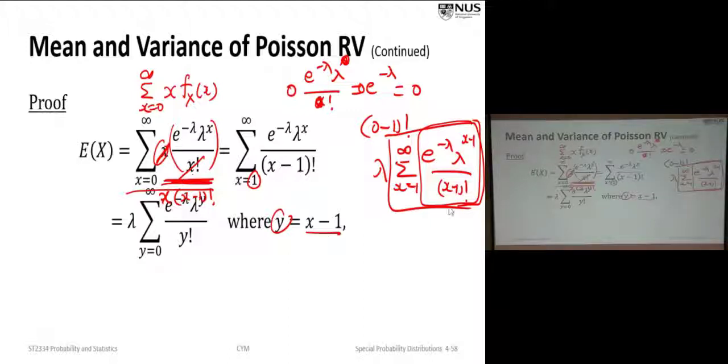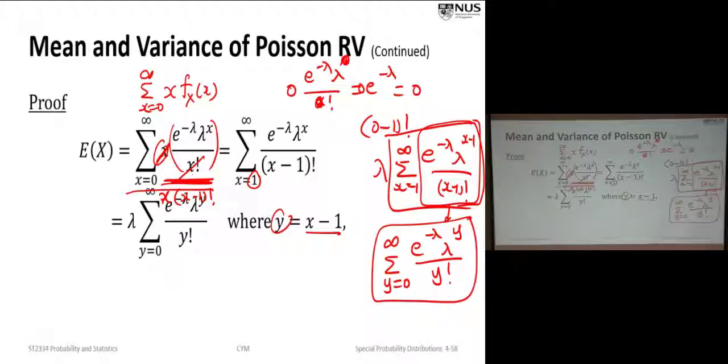Therefore, this becomes e to the power minus lambda, lambda to the power y over y factorial. But at the same time, you also have to change the limits of the summation. Where x equals 1, y equals 0. So you sum y from 0, and when x is infinity, y is also infinity. So what can we say about this one? The sum of all this is equal to 1.